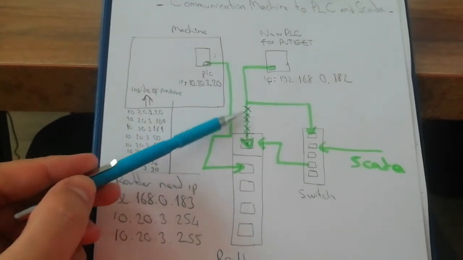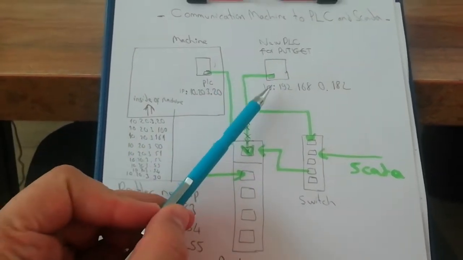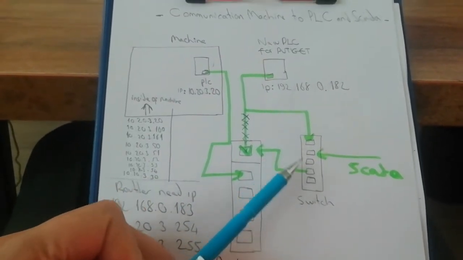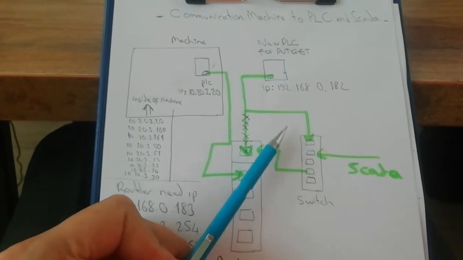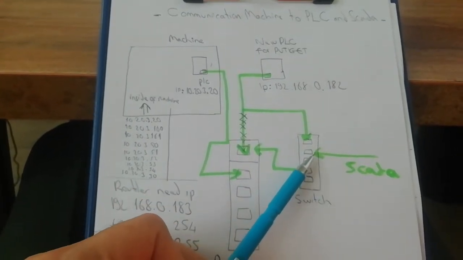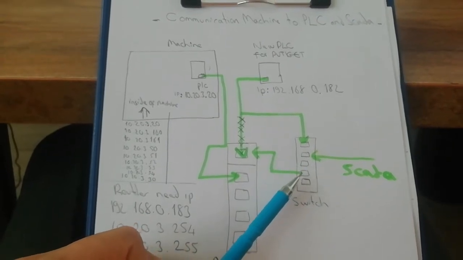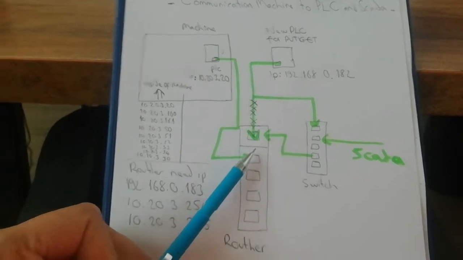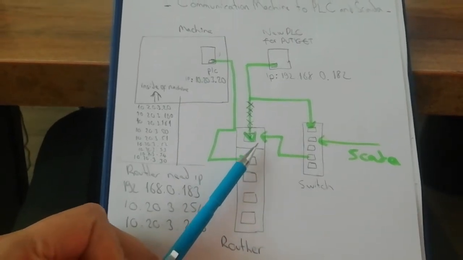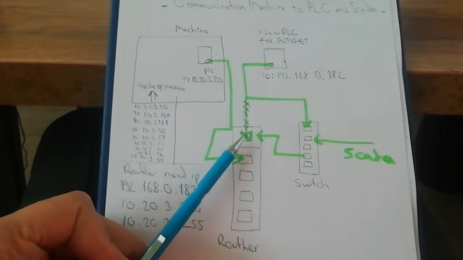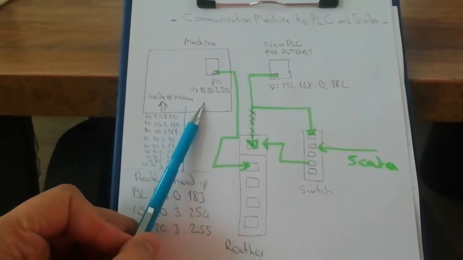For this connection, my PLC needs a Scada connection, so I put a simple industrial switch. First I connect from here, and I also connect the Scada from here, and at that time I connect the switch to the router side. For this application, my Scada and the PLC can communicate with my machine side.